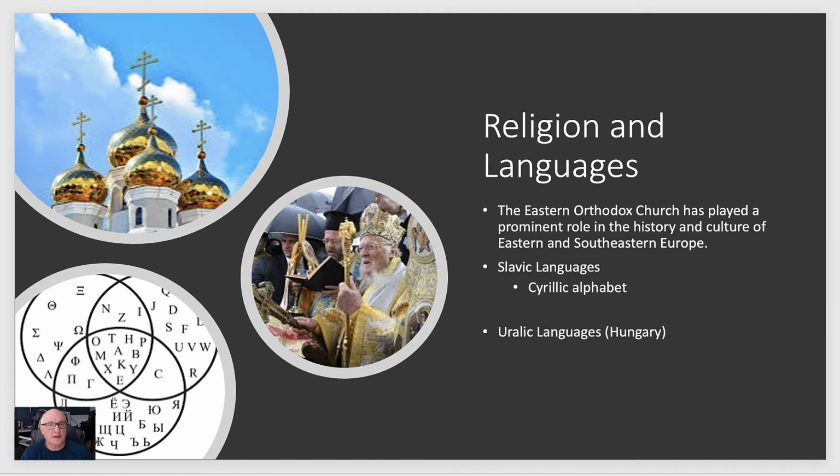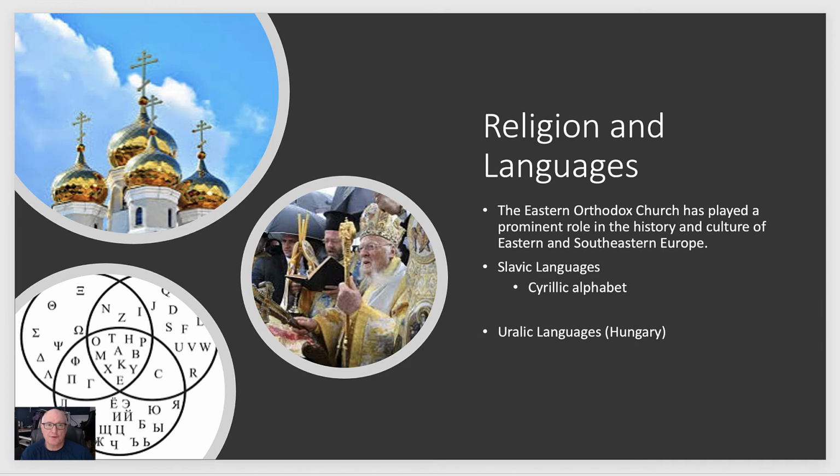And it's played a prominent role in the history and culture of Eastern and Southeastern Europe since the time of Constantine. And both of those religions, the Roman Catholic religion and the Eastern Orthodox Church, pretty much started about the same time and have similar traditions.